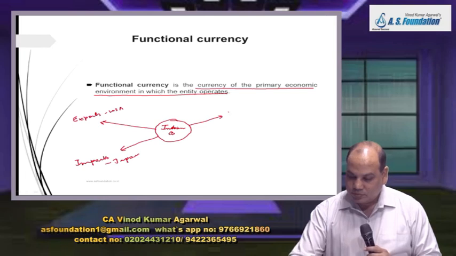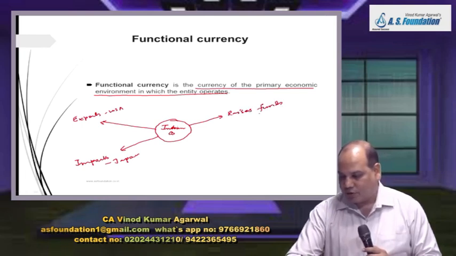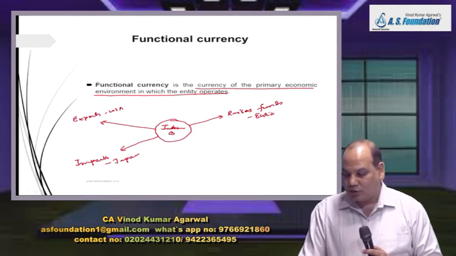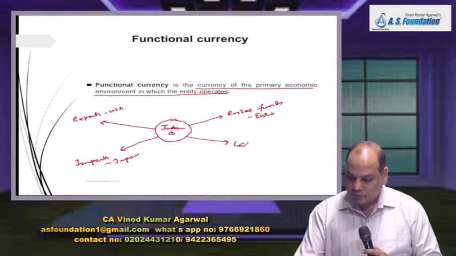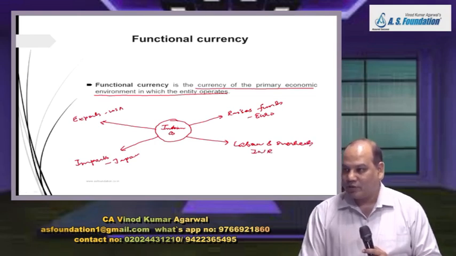Then it raises funds in euro, from some European countries like Germany and France. Then labor and overhead they incur in INR. Is it right? So you can imagine the problem. What will be the functional currency of this entity?